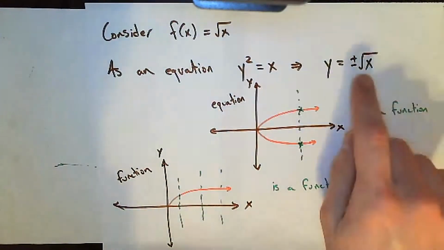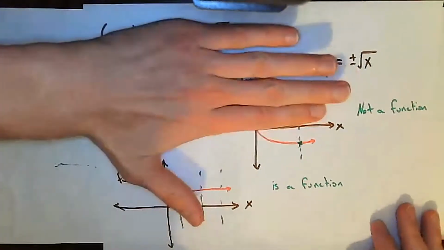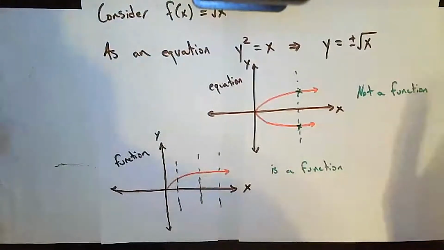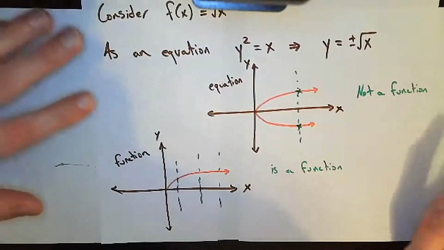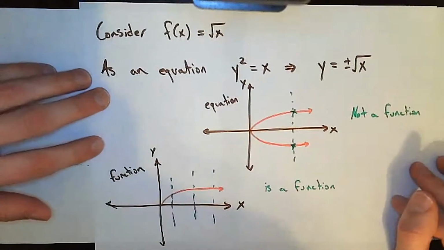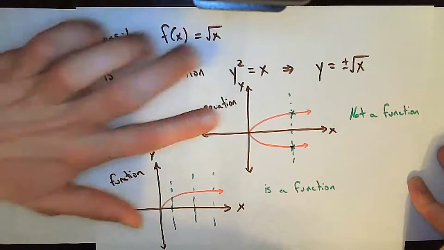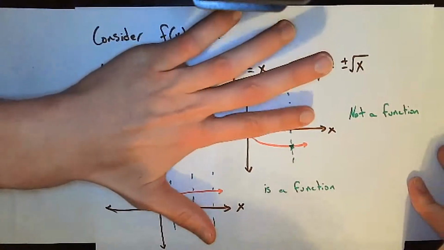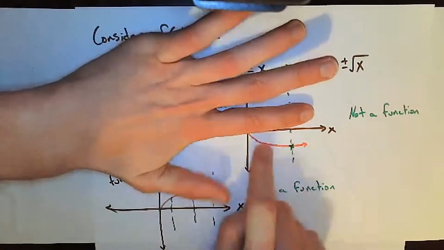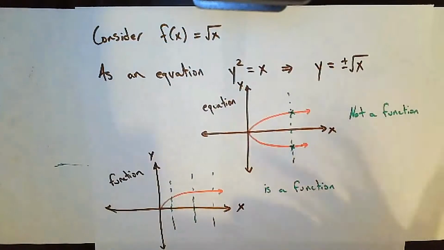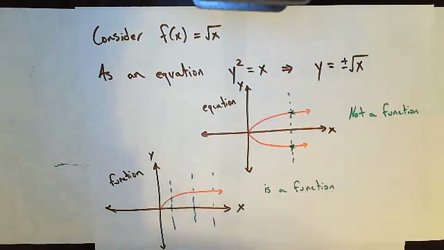Why not just take the negative side, like just this? Well, because it's easier to talk about the positives. Honestly, I think that's the only reason. It's just easier to deal with positives than negatives, right? I can't think of a reason really, other than that, why you couldn't just restrict it like this and only take the bottom half. It's just way more natural to want to take the top half of it.